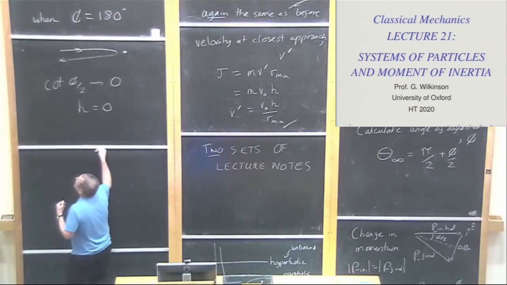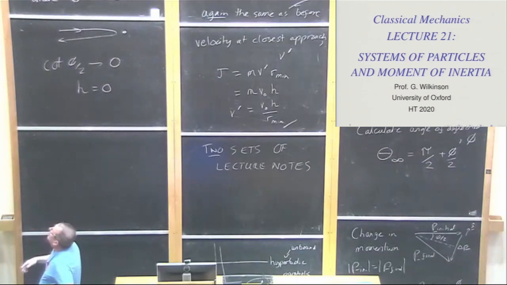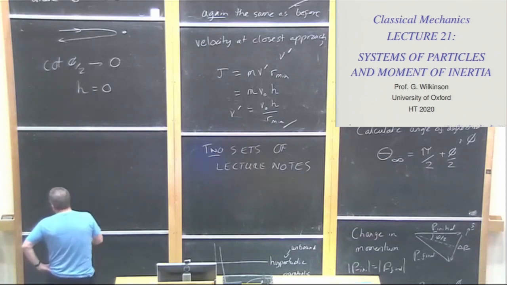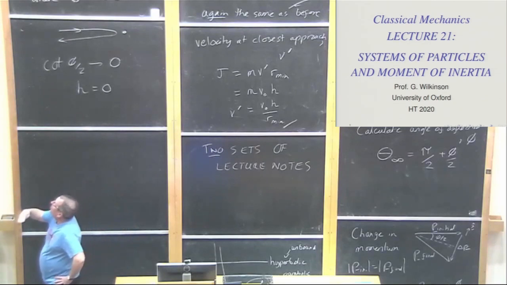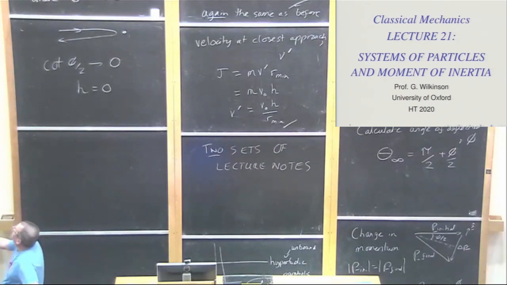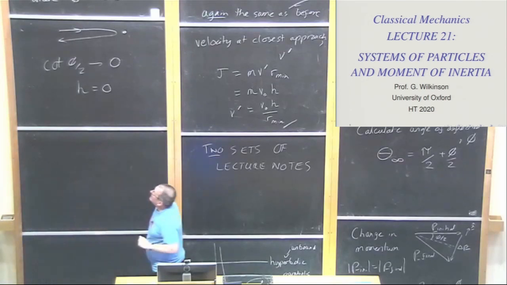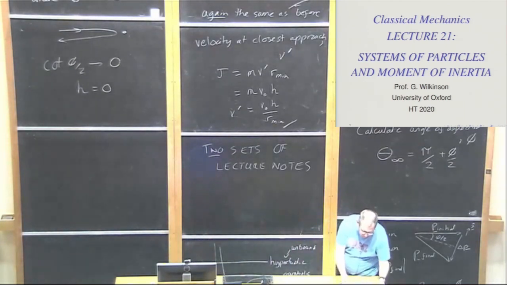A moment of inertia, we've actually introduced this already for a single particle. If you don't remember, don't worry, because we're going to define it again, but it's much more useful, and our discussion is going to be for systems of particles and eventually for extended rigid bodies. So we need to start our discussion by reminding ourselves what is the behavior of a system of particles.